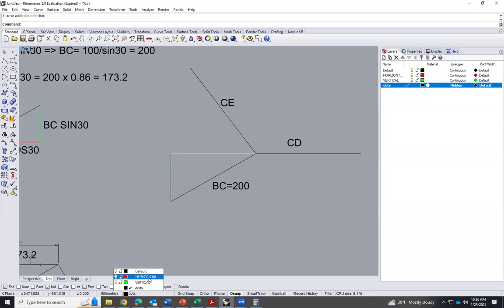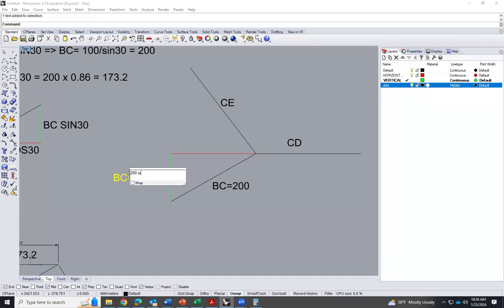So that will be horizontal, and that will be vertical. What's the dimension of this one? So that will be 200, because BC is 200.